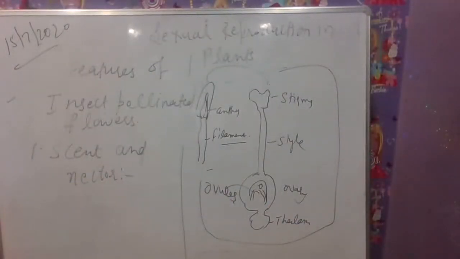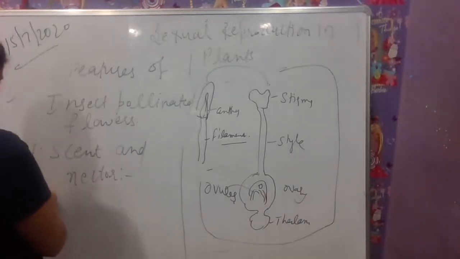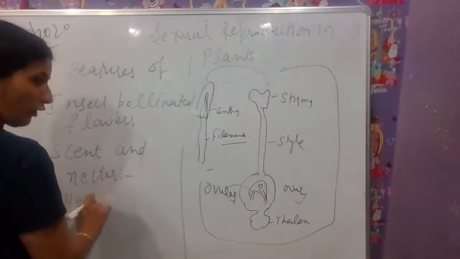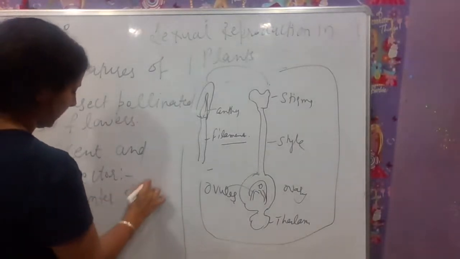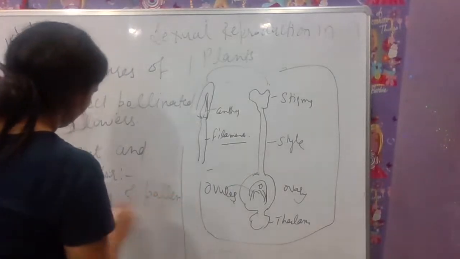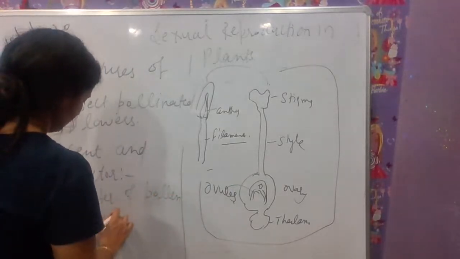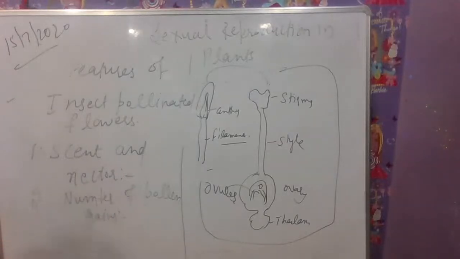Second character is number of pollen grains. Yes, how many pollen grains are there? Moderate.